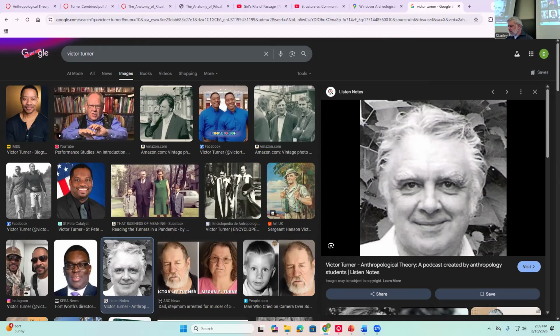He was born in 1920, from Scotland, and we'll talk about him a little bit later in his life, but he ended up at University of Virginia before I got there. He died, but his widow Edie Turner was still there, and I took classes from her during my graduate career. And he had a picture up in their house.